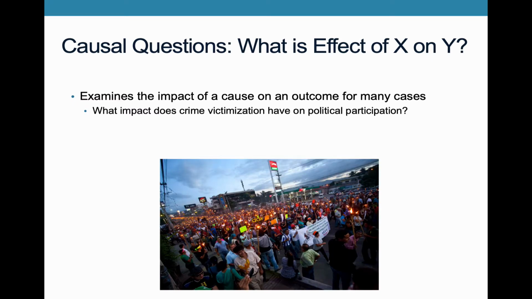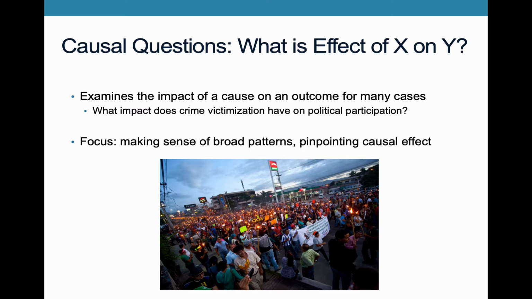So maybe you think that people who have been victimized by crime are more likely to participate in rallies and protests. They're more likely to be involved in some form of political participation as a way of demanding a response. So here you're not looking at the impact that being victimized had on just a few cases. You want to look at the overall impact that victimization would have.